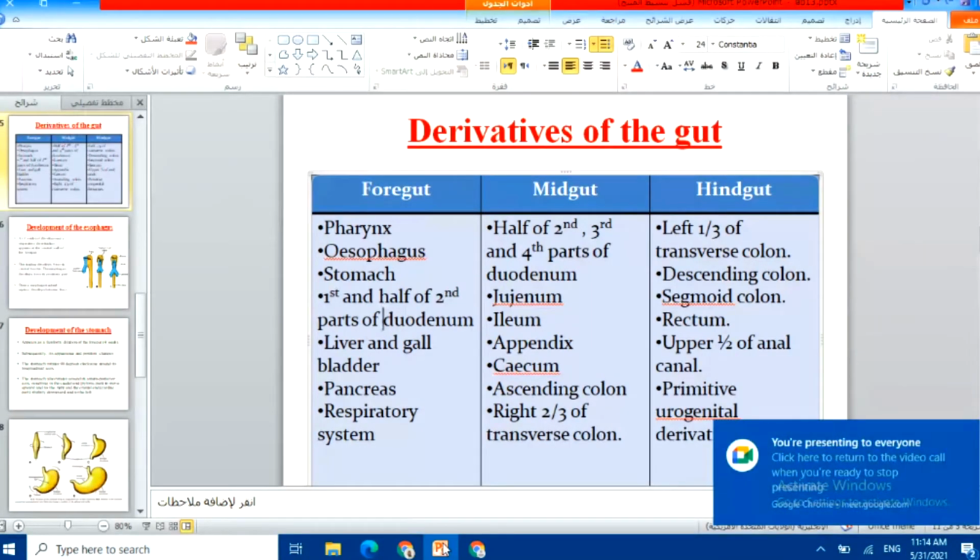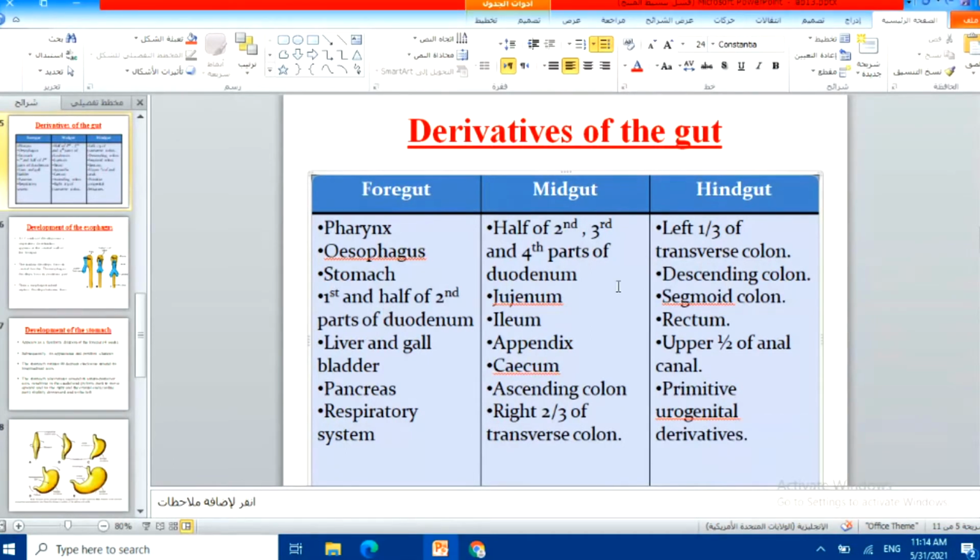we will say the midgut is forming or have a derivatives for second, third, fourth part of duodenum. يعني الجزء الباقي من duodenum. With duodenum, ileum, appendix, with cecum, ascending colon, right 2/3 of transverse colon, and the last third of the transverse colon is formed by hindgut. يعني شلون مقسمة مثل ما تشوفوها.